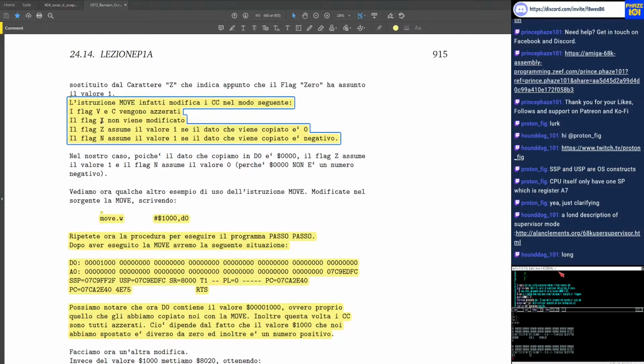The X doesn't get modified, the X flag. The Z flag gets modified and set to 1 if the value is 0, and the N flag is set to 1 if our value has the high bit set as 1, so it can be considered, excuse me, as a negative number.